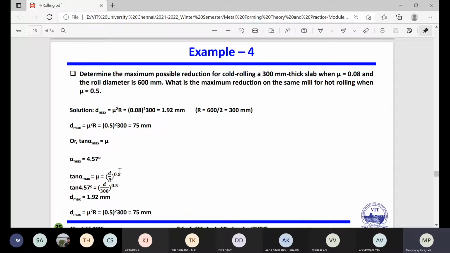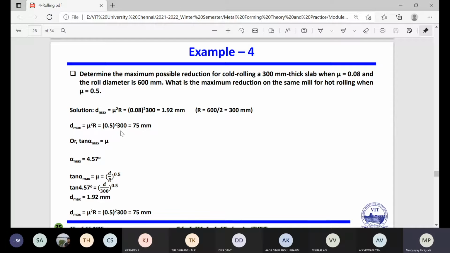Without alpha also you can do it, because from the equation we have derived, to find D max, D max equals mu squared R. Mu is 0.08, so 0.08 squared into R, where the diameter is 600 so R equals 300. You will get 1.92 mm. Then it asks for the maximum reduction on the same mill for hot rolling when mu equals 0.5. Instead of 0.08, put mu as 0.5, and you will get D max equal to 75 mm.